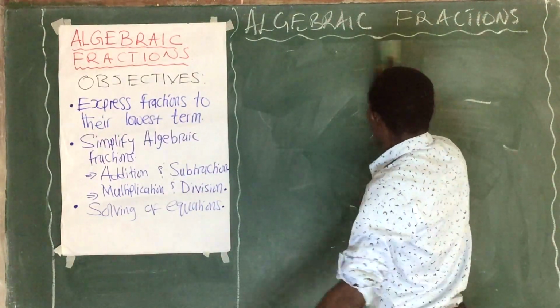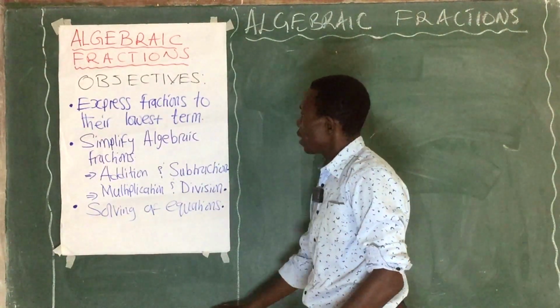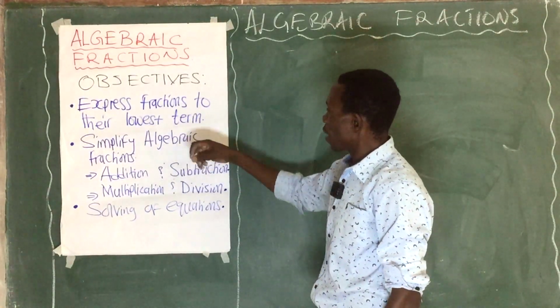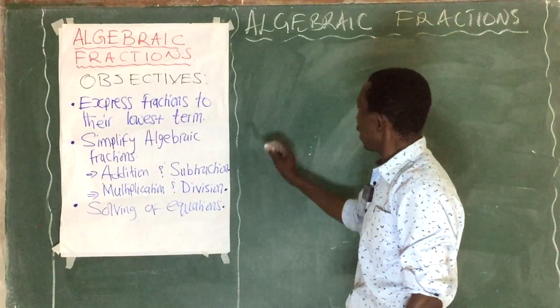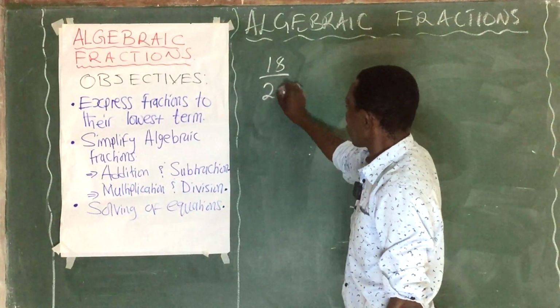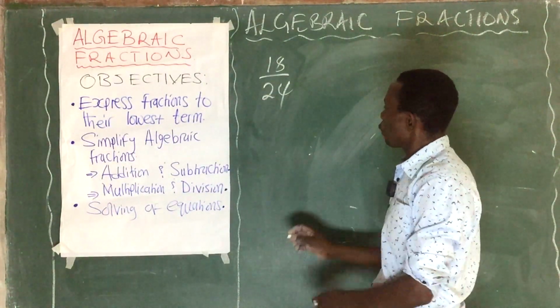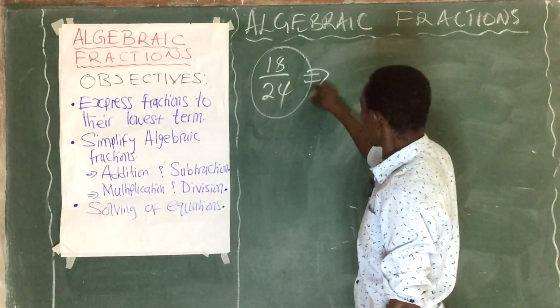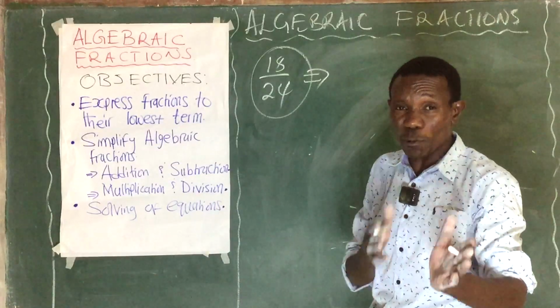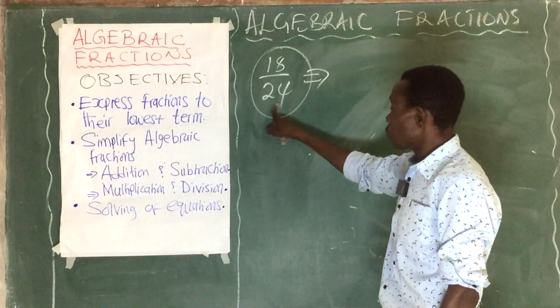Now, let's get advanced by first looking at how we can express fractions to their lowest terms. Like I mentioned earlier, say 18 over 24. You may be comfortable writing this fraction this way, but we want to consider writing the simplest form by identifying the common factor that can go into 18 and 24.